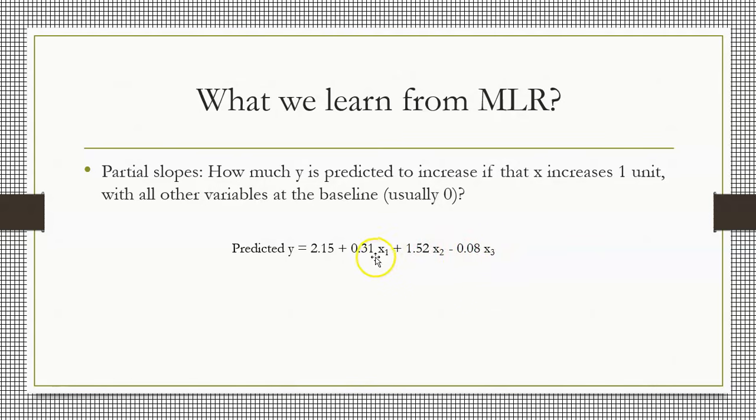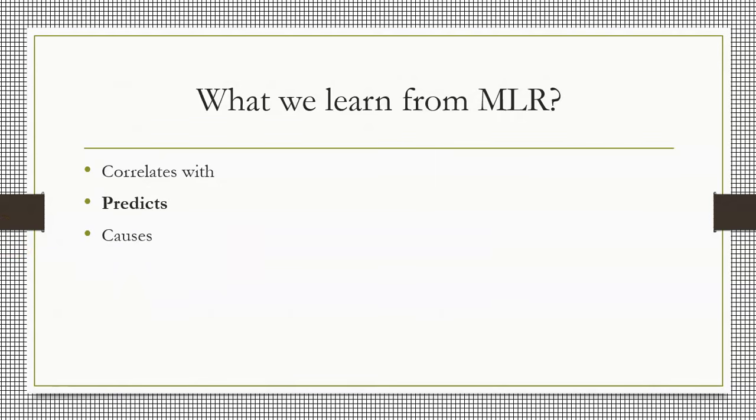In other words, comparing 2 people, one who has a higher x1 than the other by 1 unit, if x2 and x3 are exactly the same for those 2 individuals, then the person who is 1 unit higher on x1 will be 0.31 higher on the predicted y. No matter what the values are, so long as they're the same for the two people who are different by 1 here. That's essentially what all this is trying to tell us with this linear model. So it gives us a predicted value.